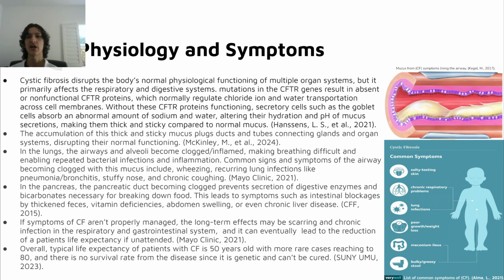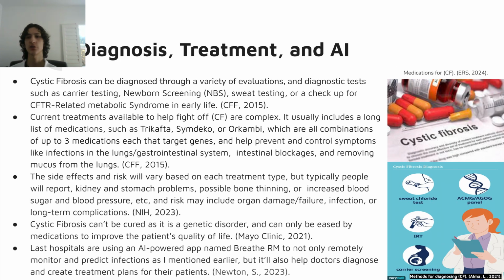Lastly, I'll be going over diagnosis, treatment, and current AI models available to help with diagnosis of cystic fibrosis. Cystic fibrosis can be diagnosed through a variety of evaluations and diagnostic tests, such as carrier testing, newborn screening, sweat testing, or a checkup for CFTR-related metabolic syndrome in early life.